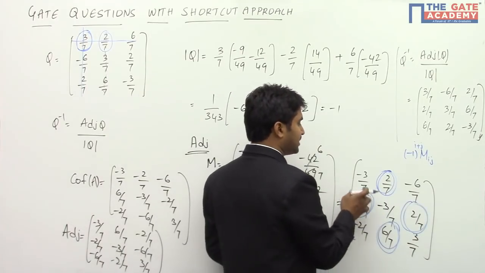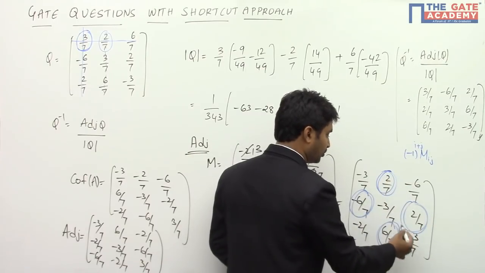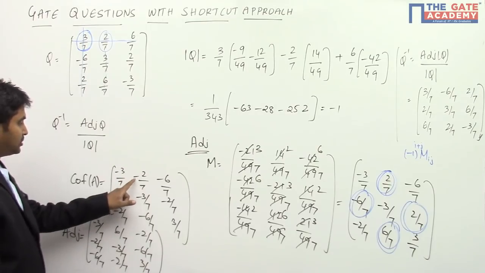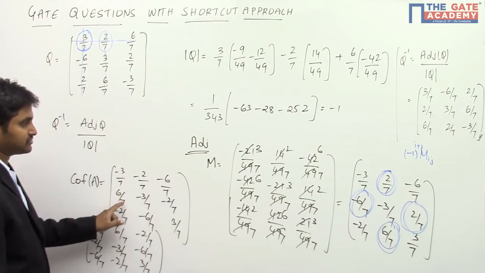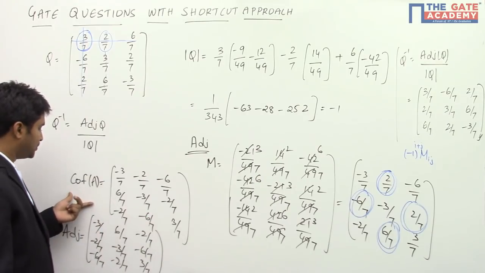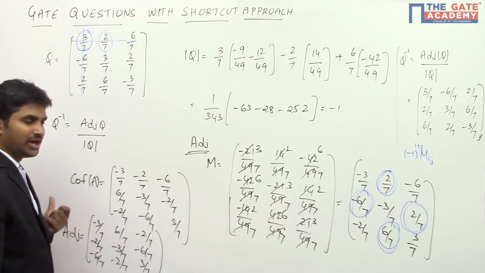Simply speaking, the other elements are not going to change, only the rounded elements change their signs. So this element becomes minus, this element becomes plus, this element becomes minus, and this element becomes minus. Once you find the cofactor, the transpose of the cofactor gives you the adjoint.